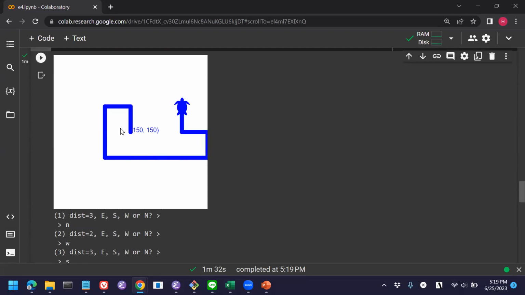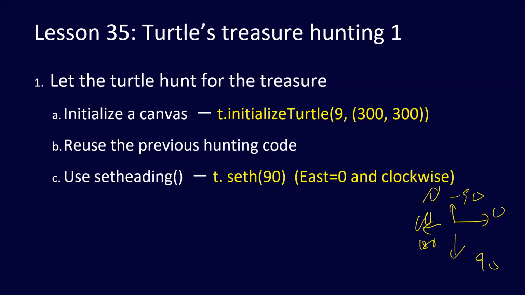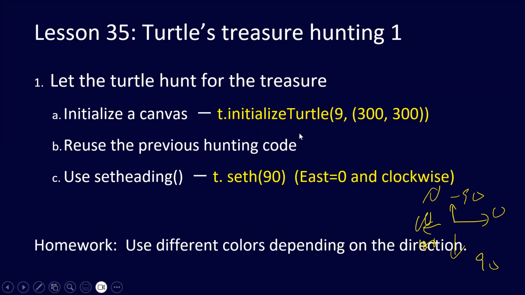We were able to visualize the path of the turtle correctly. And it seems the visualization is working well. Okay, maybe we need some improvements, but we will do that next time. So for example, homework: use different colors depending on the direction.